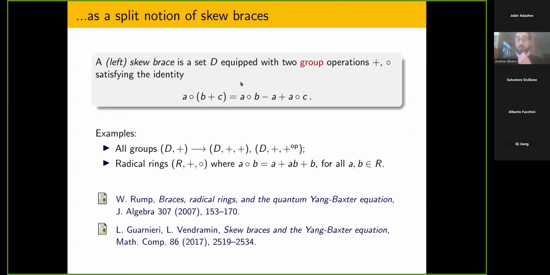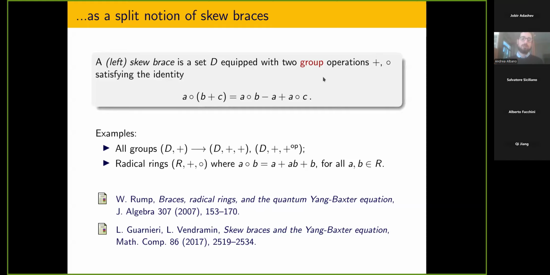Now, again, I was talking about skew braces. And skew braces are the structures on which we took inspiration to define the structure of these di-skew braces. In detail, a skew brace, now no split notion appears here, is just a set with 2 group operations, plus and circle.